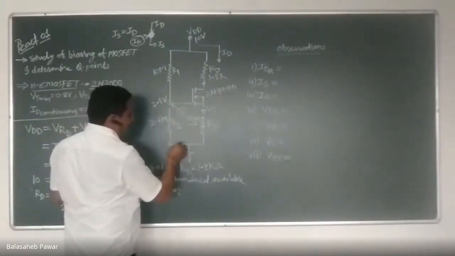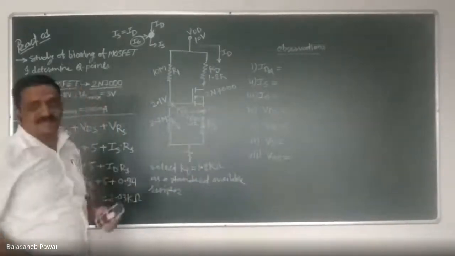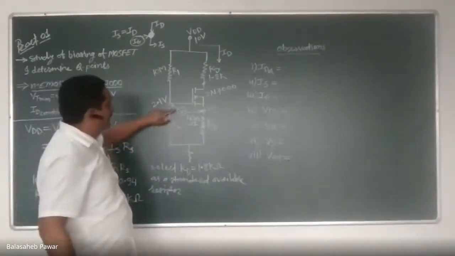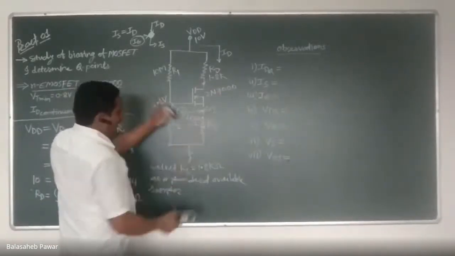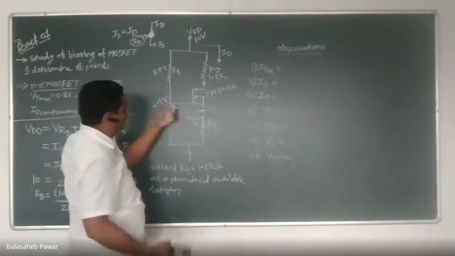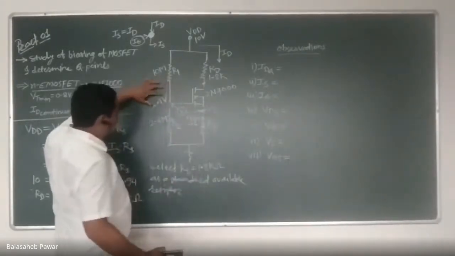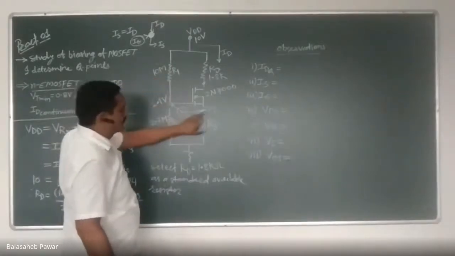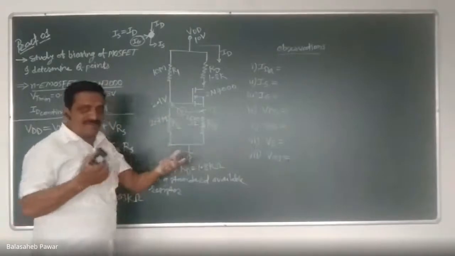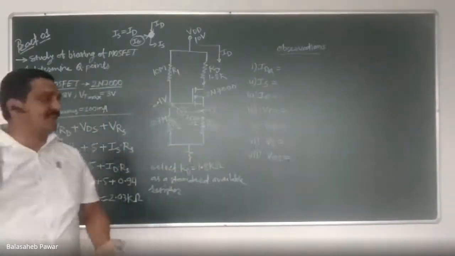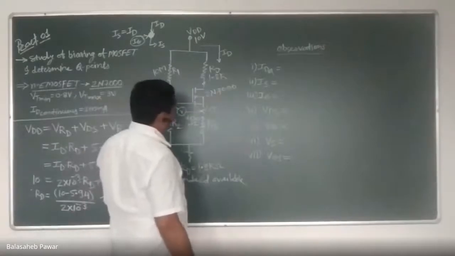Instead of ground, it should get connected to the source, means positive terminal of that voltmeter to the gate and negative terminal to the source, so that it will be able to measure the potential difference between gate and source. Gate voltage only is 2.1, source voltage only is 0.94 volts, so VGS should be the potential difference of that 2.1 and 0.94. How much it is, that you have to find out. Is it okay now?